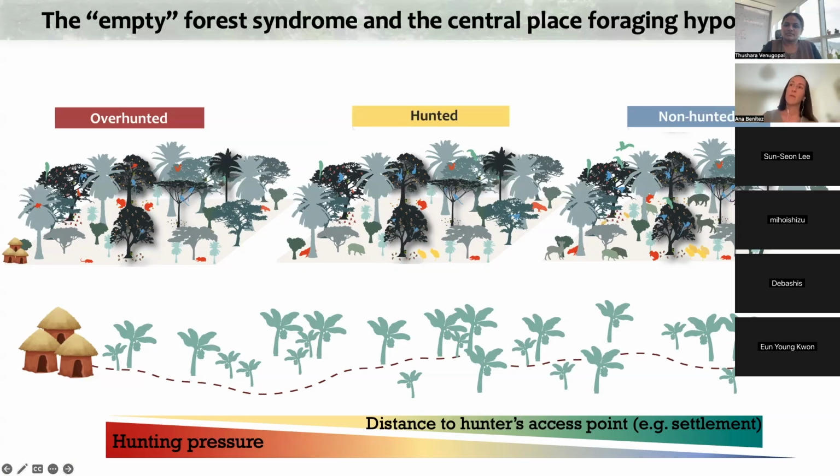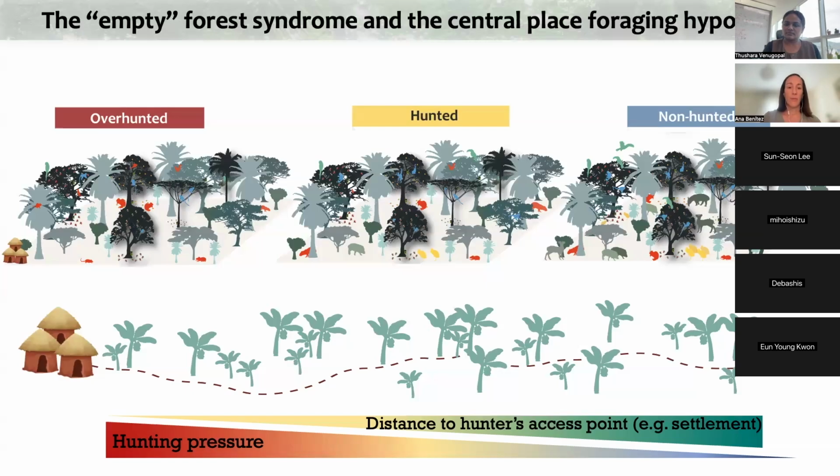That means that we can have these non-hunted forests where we can still see intact communities, but they are farther away from the settlements where these hunters live. So this means that we can use distance to settlements or to roads, to any hunter's access point, as a proxy of hunting pressure.